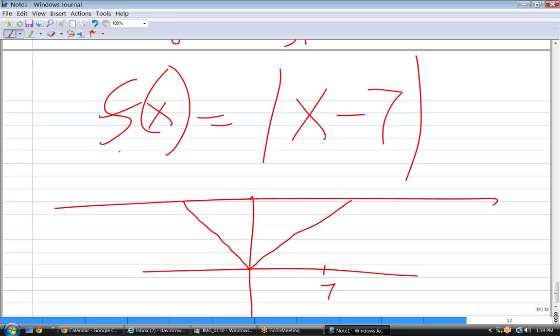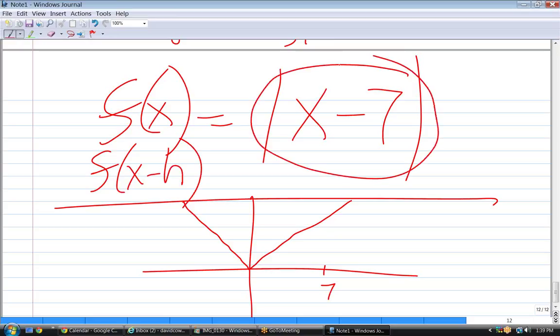Remember, the format is f of x minus h. So when we were looking at this, we know that h is positive 7, which means move to the right by 7 units. So to graph that, I just move the vertex to the right by 7 units and graph it.